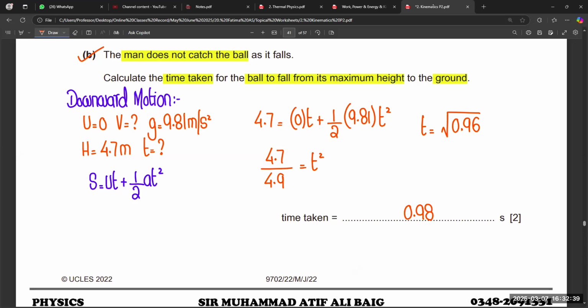To round off, this is the final answer for the time taken by the ball to reach from the maximum height to the ground. So this is the time duration. So this part is also related to the vertical movement plus equation of motion.